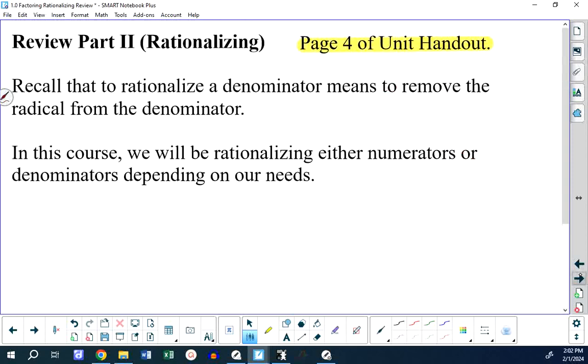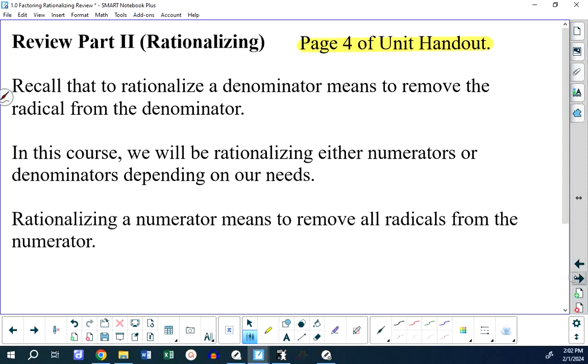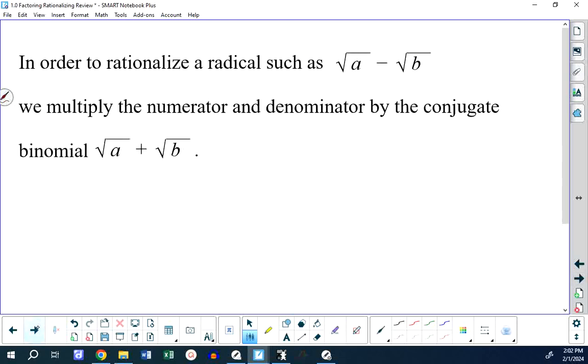However, we're going to be rationalizing binomial denominators. I mean, might you encounter a radical that's a monomial in your work in calculus and have to rationalize it? Yes, but we're focusing today on radicals like root a minus root b.